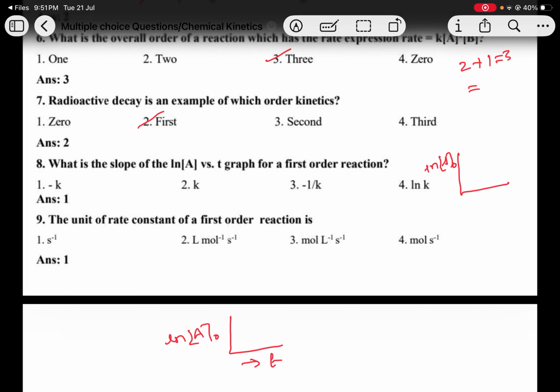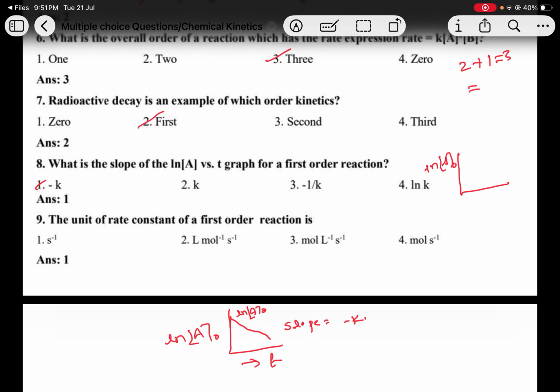This intercept is the ln A naught, where slope is equal to minus k for first order reaction. So 1 is the correct one.